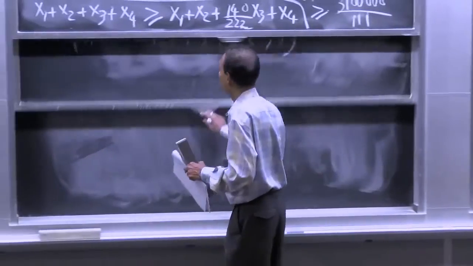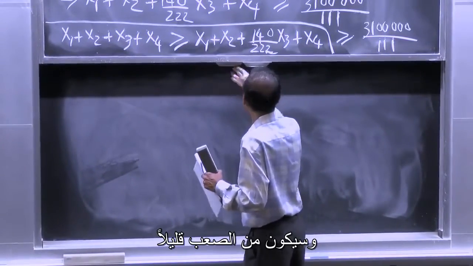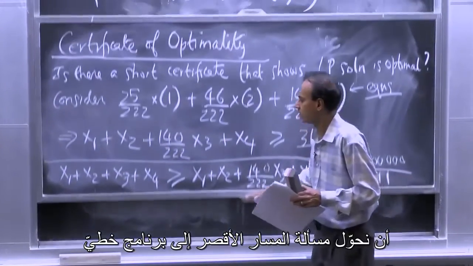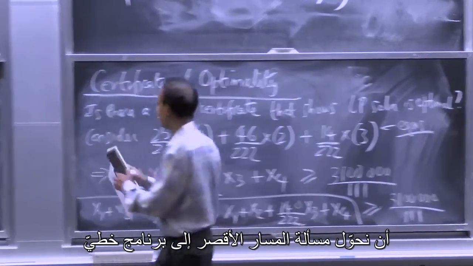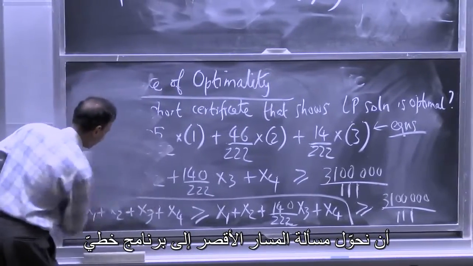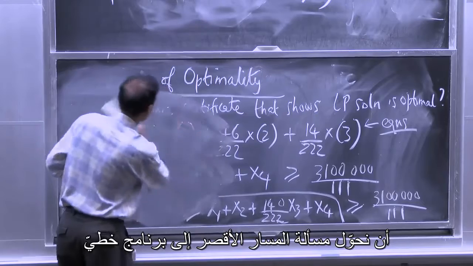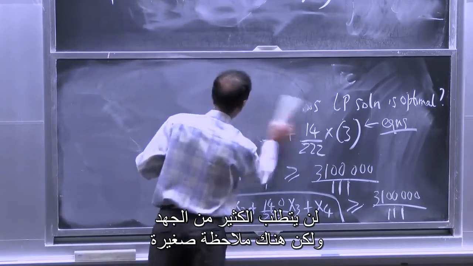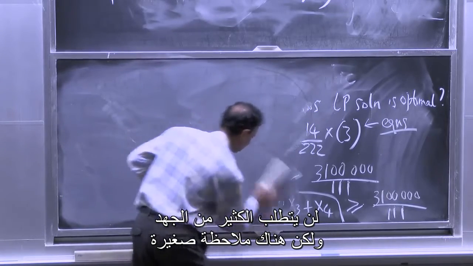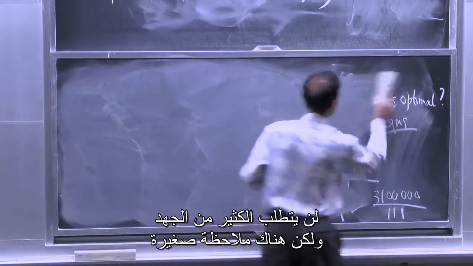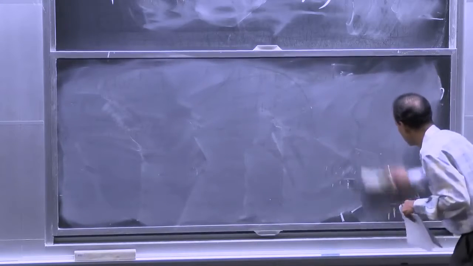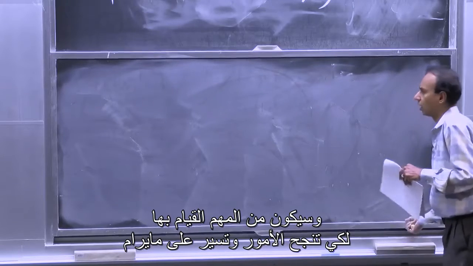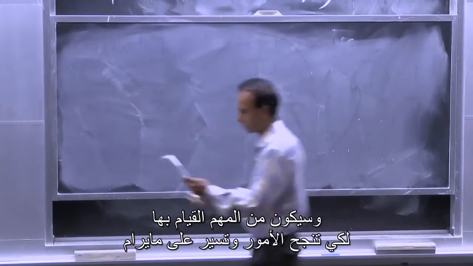Let's look at something that's a little less obvious, and it's going to be a little tricky to convert the shortest path problem to LP. Not a lot of work, but one little observation that's going to be important to make in order for the whole thing to work out.